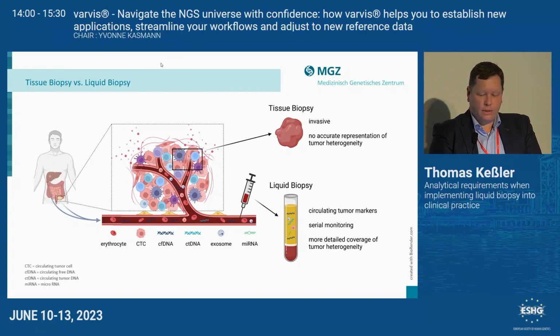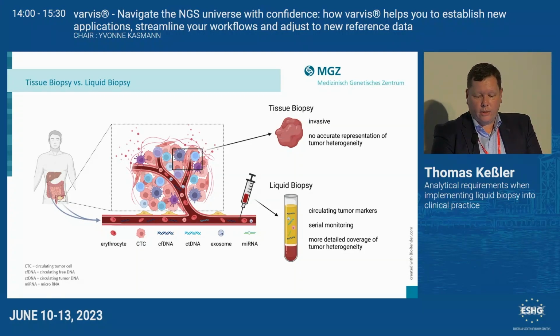So you have cell-free DNA circulating in your blood, and some of this DNA is coming from the tumor. So you can detect tumor markers in the liquid biopsy, so in the serum of a patient, and you can do this, for example, in a serial session where you take biopsies over time.